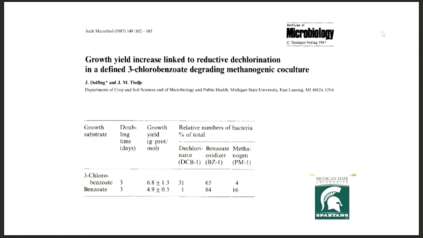So the difference was because the 3-chlorobenzoate degrader was growing on 3-chlorobenzoate. But at that time we could not do it with a pure culture because we didn't know all the vitamins that the organism needed. So we always gave it rumen fluid, and then it could pick and choose what it needed.